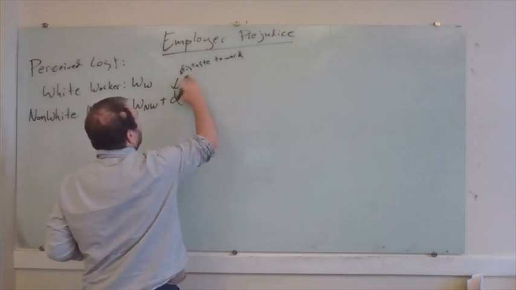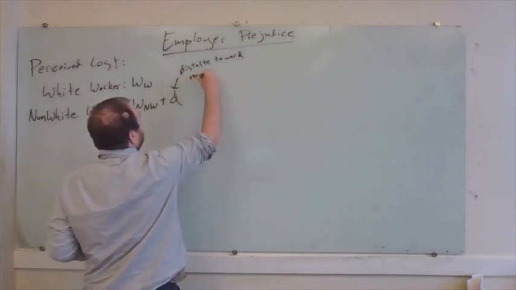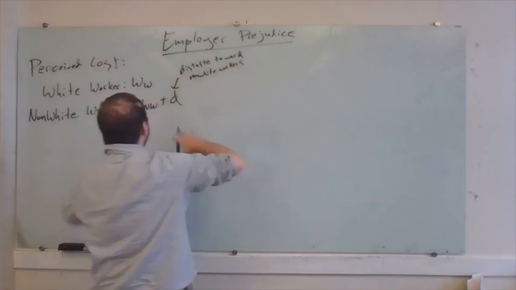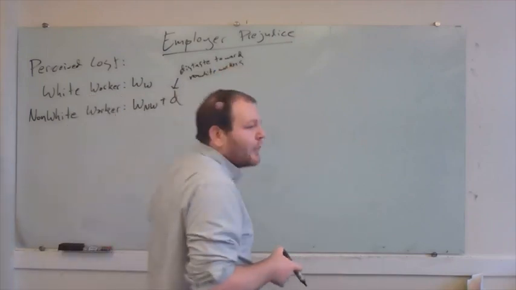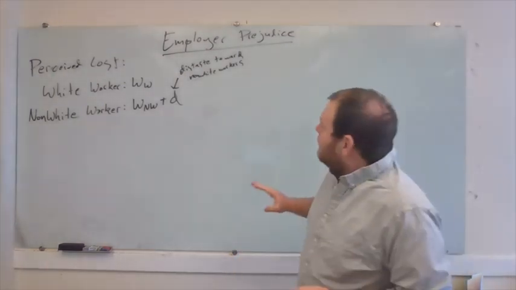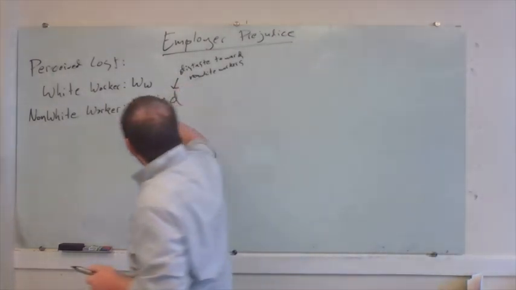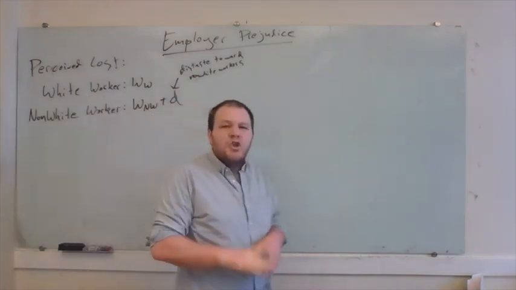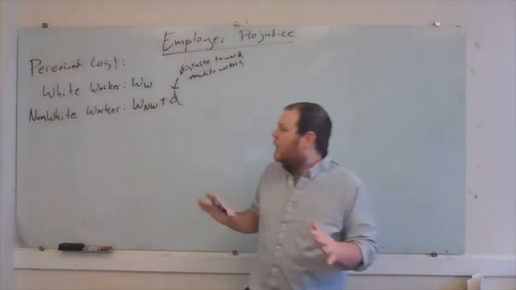I'm going to say non-white workers, because this model could still hold in a situation where white workers were not the majority. Cool. So, in addition to saying that there are these differences in perceived cost, we're going to say that there's no other differences between white and non-white workers.